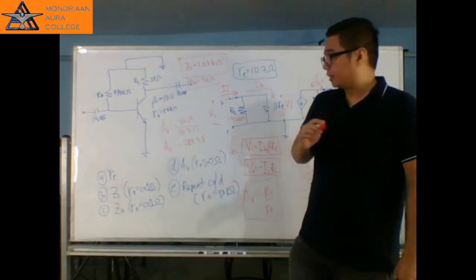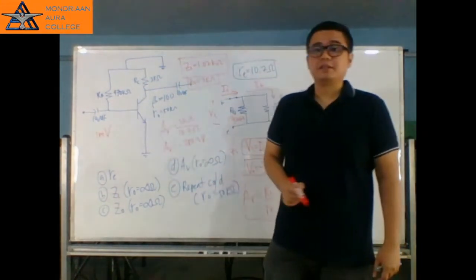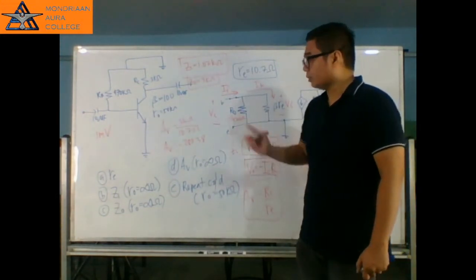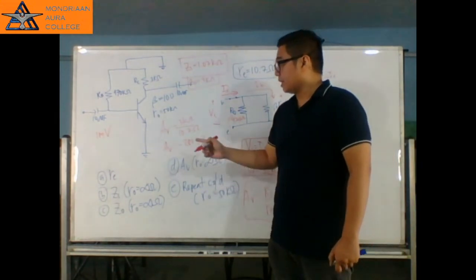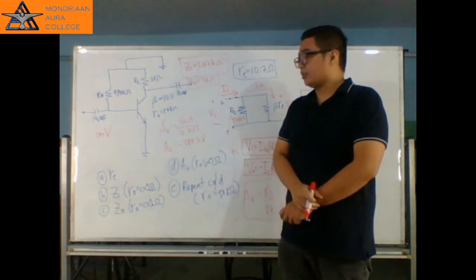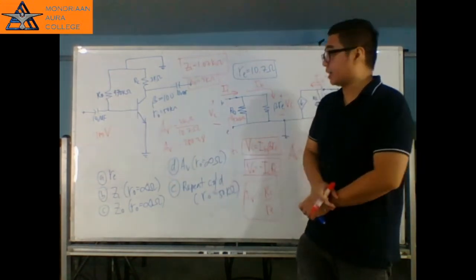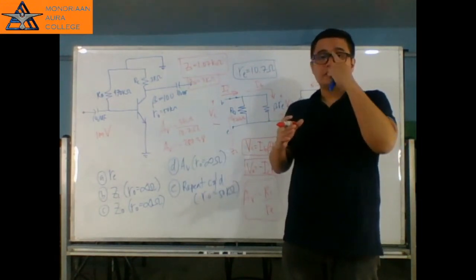So, for example, nagpasok tayo ng 1 millivolt RMS signal dun sa ating input. What should be the corresponding output? The corresponding output will be 280.38 millivolts RMS. Sa RMS, hindi natin makikita yung phase shift.